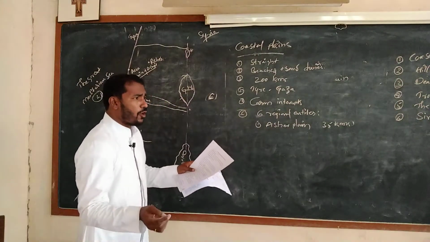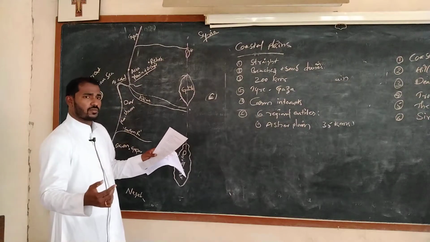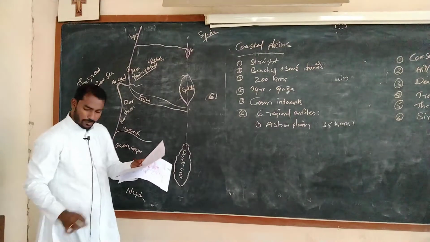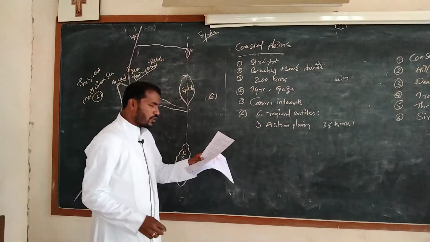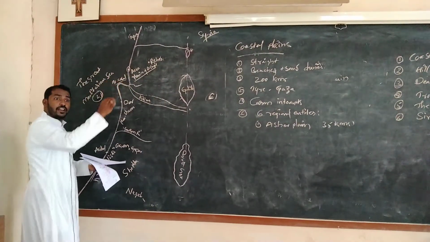And also Paul, when he was returning to Jerusalem, he stopped in Akko. That we read in Acts. And also it was a main port, since it is beside the sea.